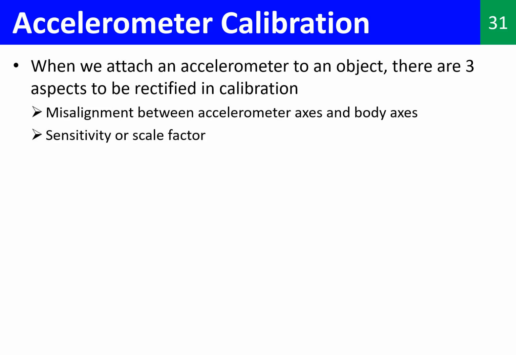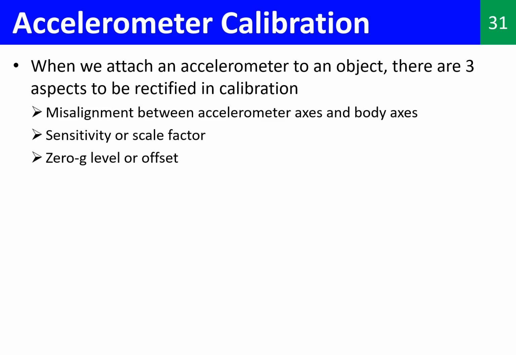Finally, there can be a 0G level, or we call it the offset. So these are the three factors that we have to rectify. Now we can put this information in matrix form. First, we will remove the offset.